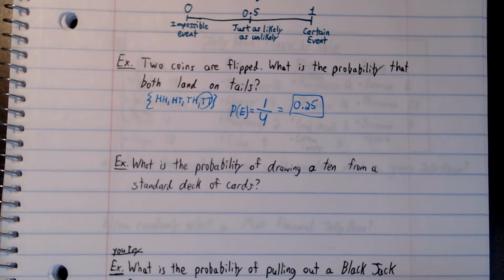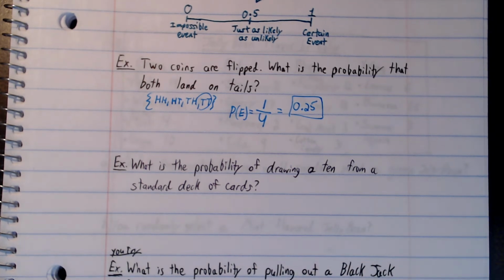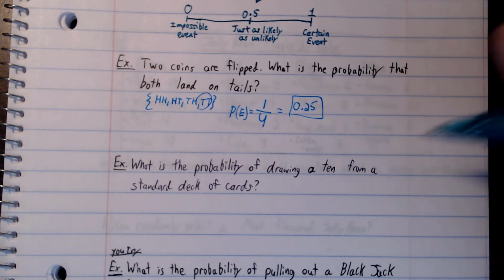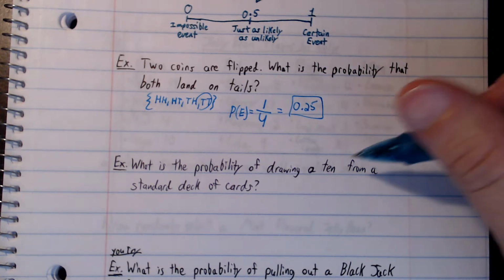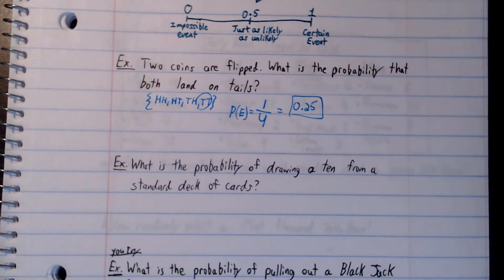Alright, so here we go. We've got this problem. What is the probability of drawing a 10 from a standard deck of cards? Well, if you don't know this already, write this down in the notes. There are 52 different playing cards in a deck of cards. There are 4 suits, and they all repeat. So if there are 4 suits, that means there would be 4 tens in a deck of cards.